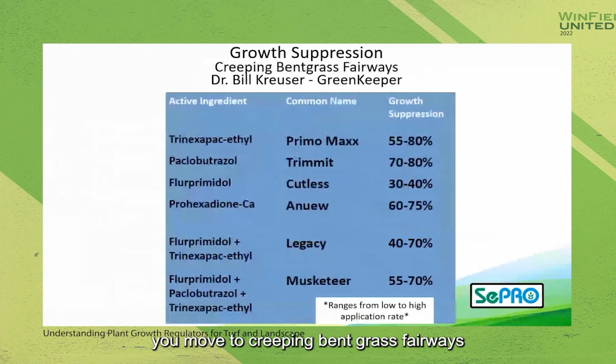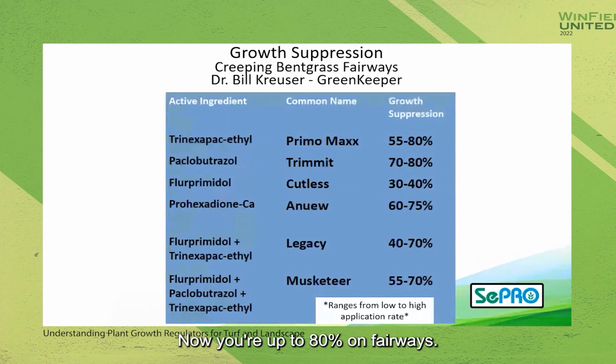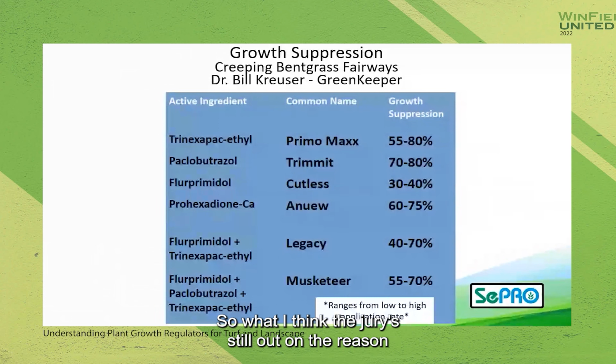You move to creeping bentgrass fairways, and you see where the growth suppression with Primo, maximum growth suppression was only 20% on greens. Now you're up to 80% on fairways. So it's important to remember, yes, the rates are higher, but the maximum growth suppression is a lot higher as well. So I think the jury's still out on the reason that you get so much more growth suppression on the fairways than the greens, but I think it has a lot to do with the amount of mowing.